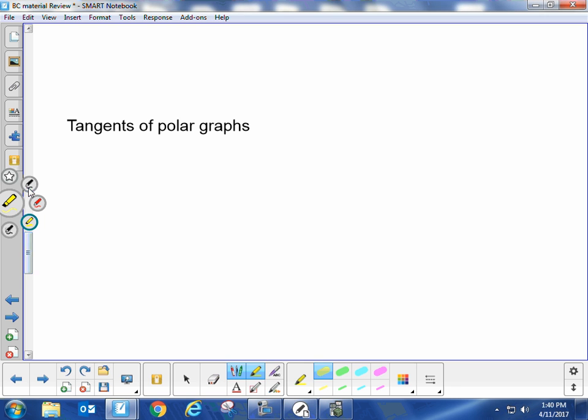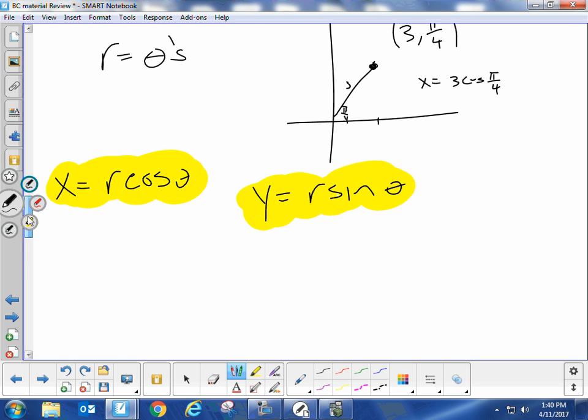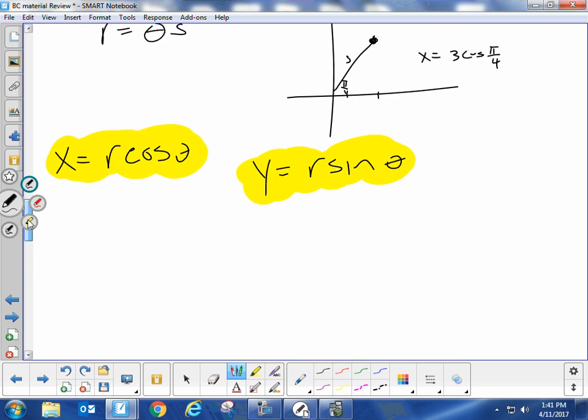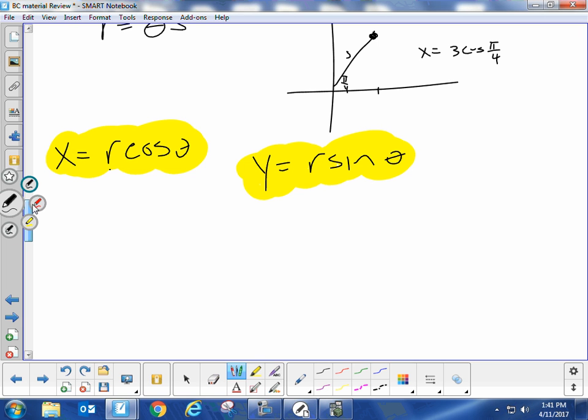And if you wanted to find tangents of polar graphs, again, you want to find dy/dx, you would have to convert to y and x, because this would be in terms of thetas and this would be in terms of thetas. When you took the derivative of this with respect to theta, this would give you dy/d theta, how quickly your y's are changing at a specific moment in time.